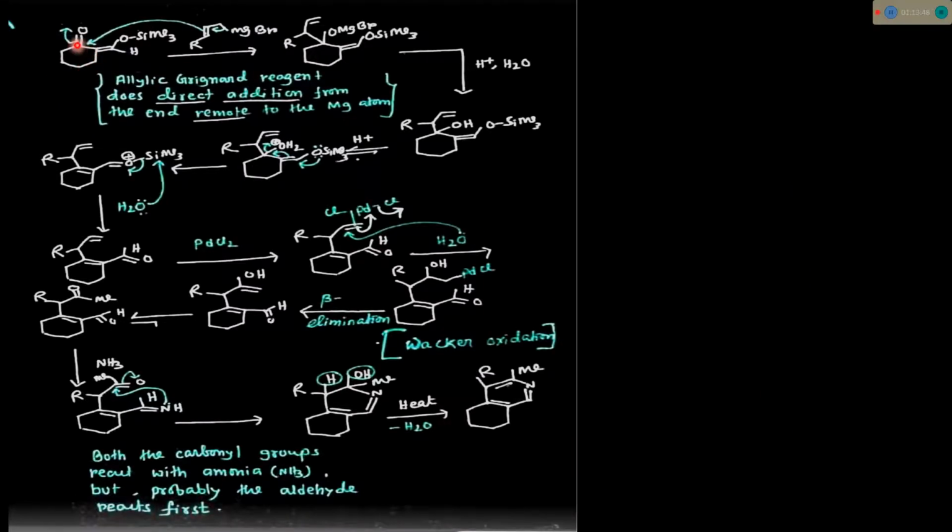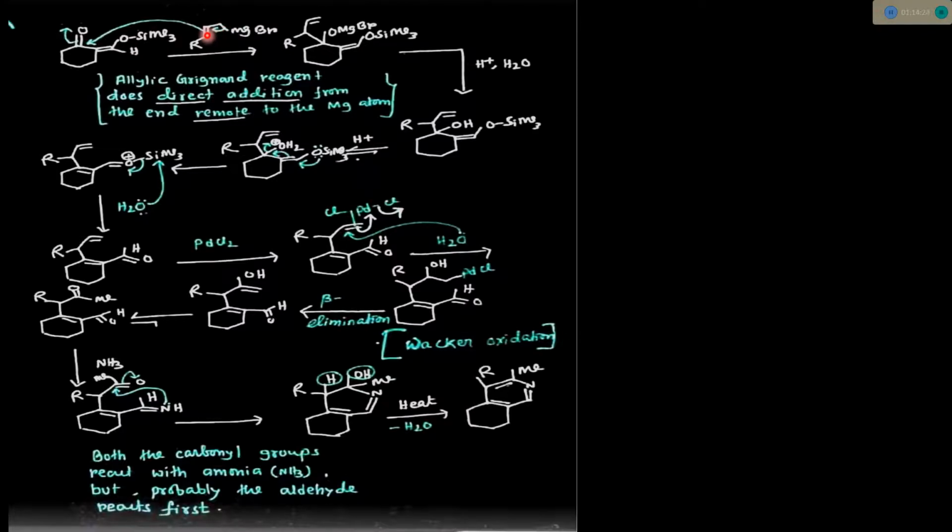See, there is a carbonyl compound. Normally with an allylic Grignard reagent, this point has to be noted: the allylic Grignard reagent reacts at the end remote to the magnesium atom. The end where the magnesium atom is directly connected will not react.